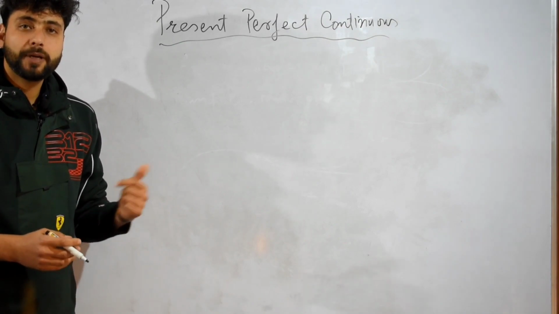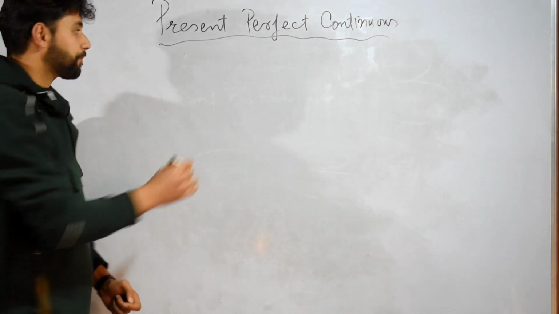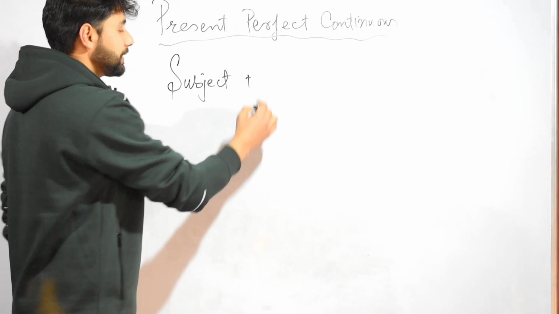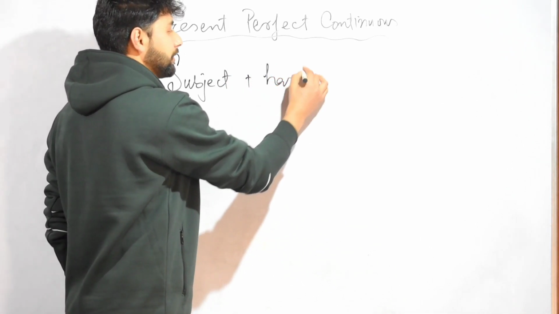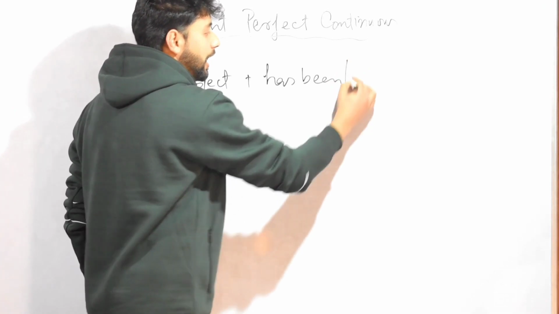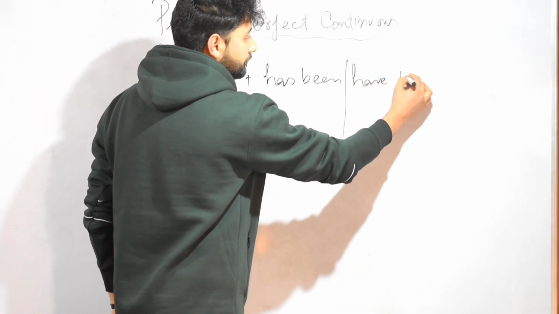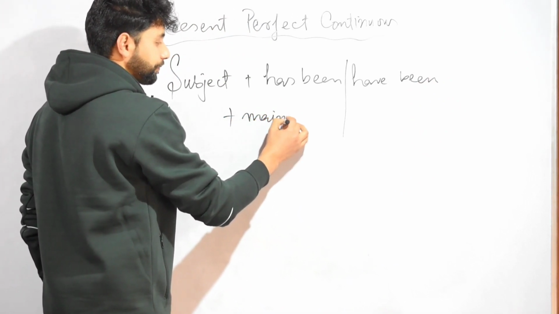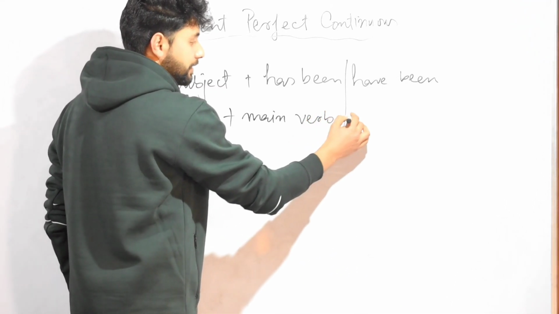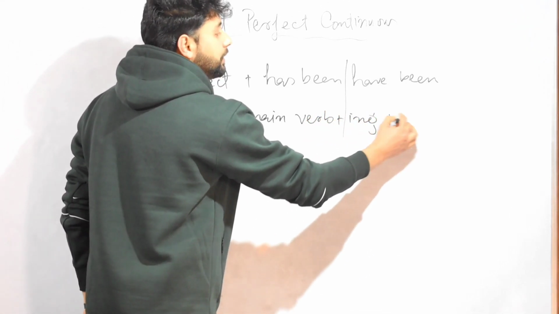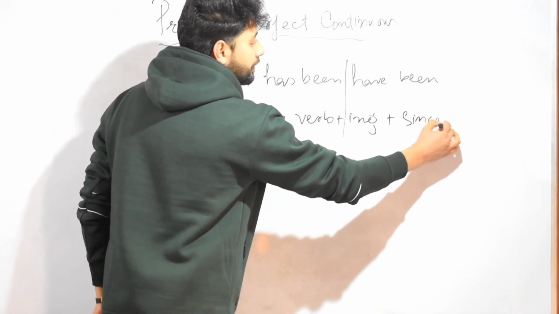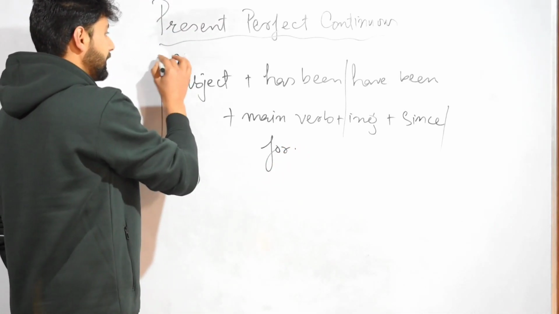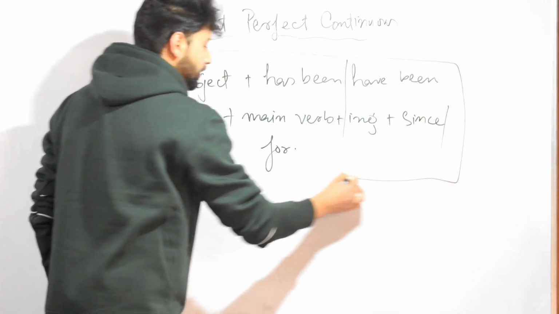The format of present perfect continuous is: subject plus has been or have been plus main verb plus ing plus since or for. This is the format of present perfect continuous tense.